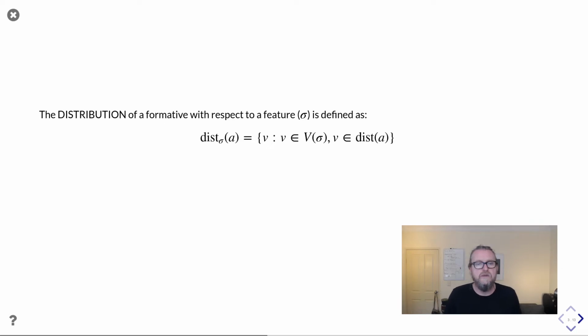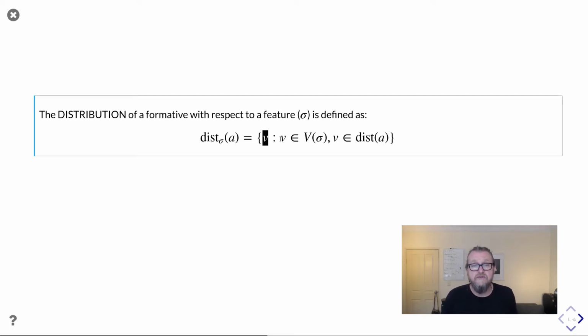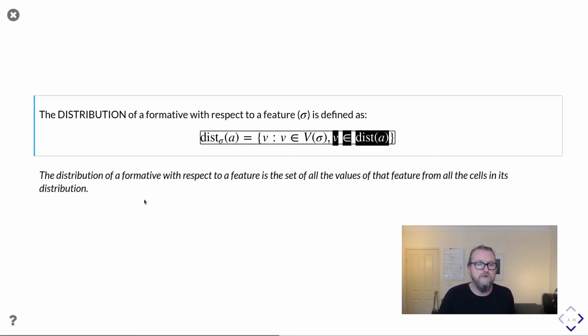We can now say, what's the distribution of a given form across a paradigm with respect to some feature, say feature sigma? It's all of the values, from the set of values in the language, within the distribution of that formative. The distribution of a formative with respect to a feature is the set of values of that feature from all the cells in its distribution.